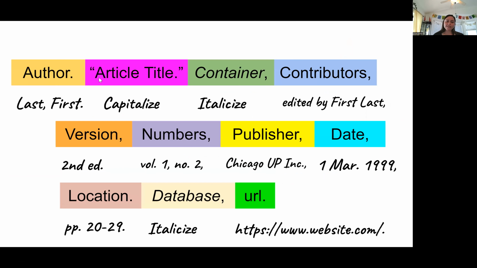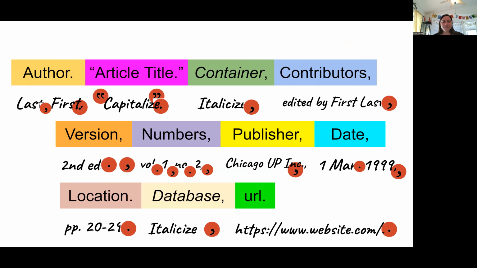Here is a basic everything, all the things that you may need to know about how to do this. I tried to include every little thing. Last name, comma, first name, period, quotation mark, capitalize, quotation mark, period, actually period, then quotation mark. Italicized, your container name, followed by a period.